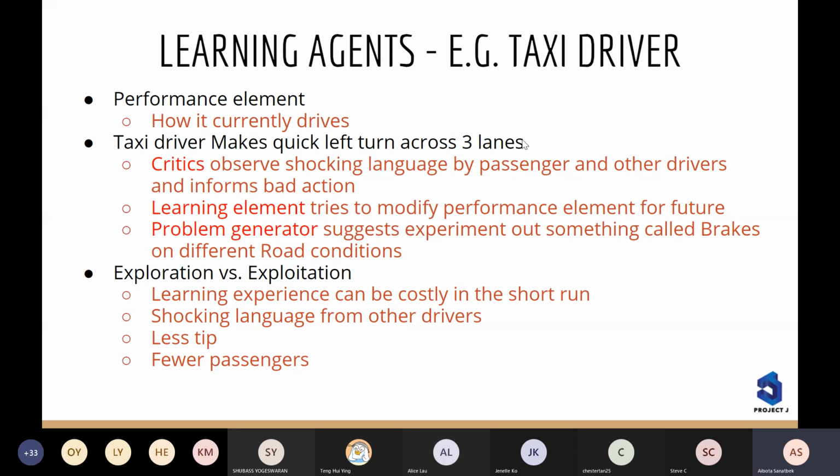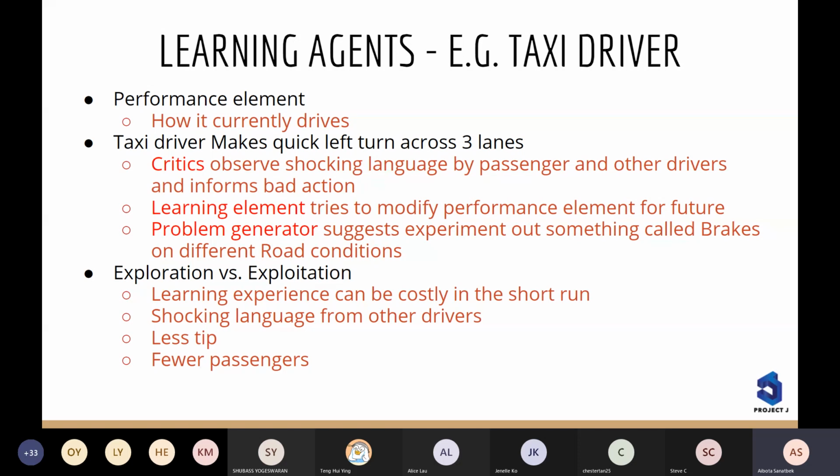As you can see, that is a very dangerous situation. So in this case, the critic element observes the shocking language, or negative reaction from other drivers or passengers, and it will inform the learning element, basically, hey, that was not a good action to take.